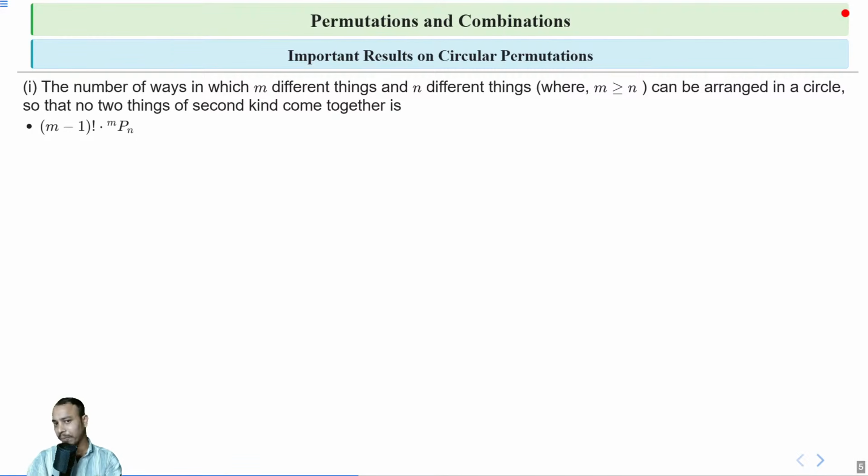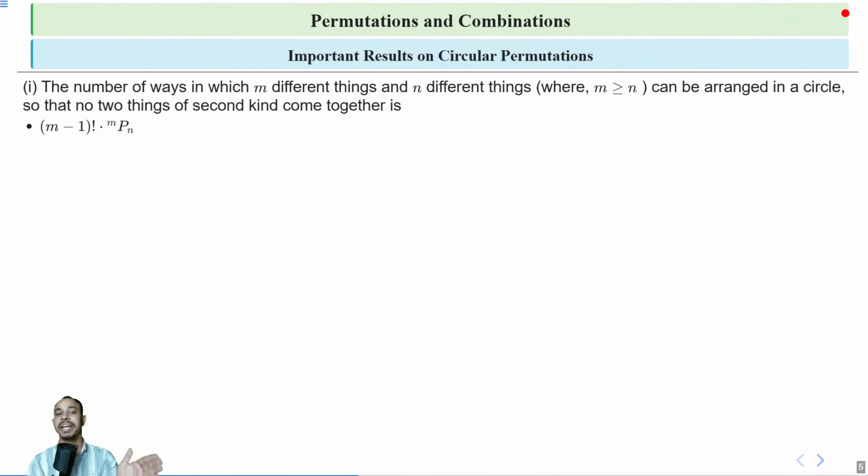In m gaps you can place n different things in mPn ways. So the number of ways in which m different things and n different things, where m is greater than or equal to n, can be arranged in a circle so that no two things of the second kind come together is (m minus 1) factorial times mPn. Clear? I hope it's clear.